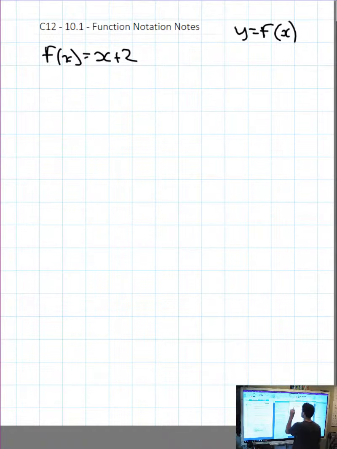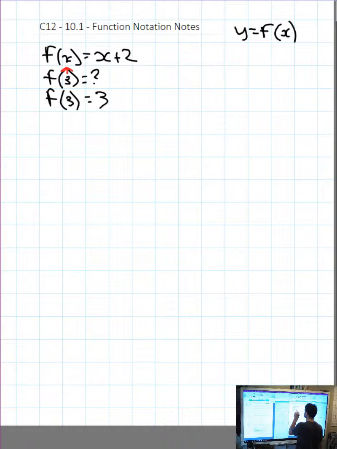So what if I propose the question, f of 3 is equal to question mark? Well, what does that mean? Well, look directly above the 3. Well, that is an x value. So that means that we are going to be substituting 3 in for x on the left-hand side and substituting 3 in for x on the right-hand side.